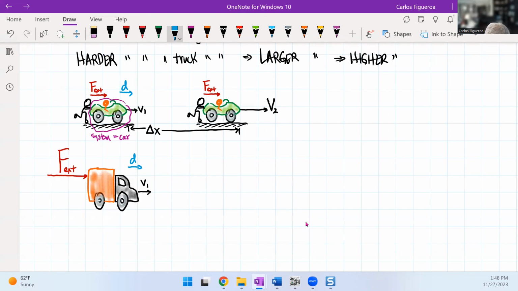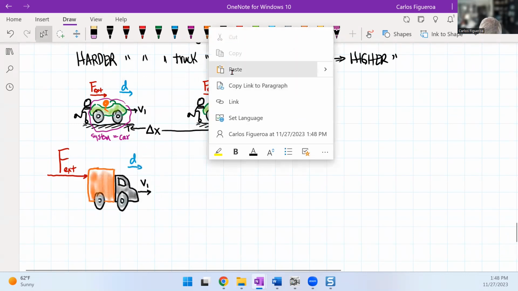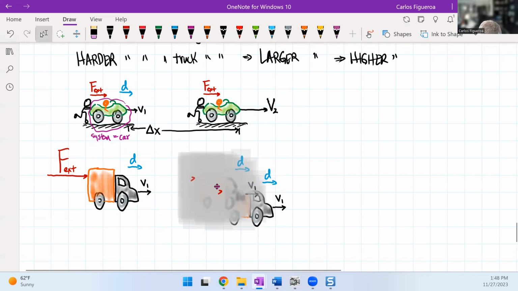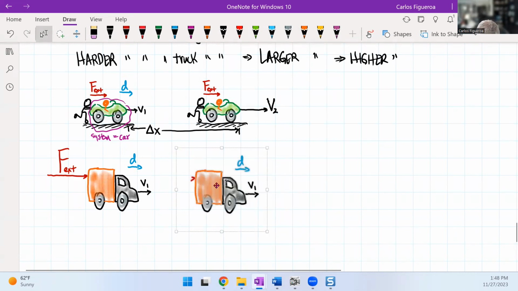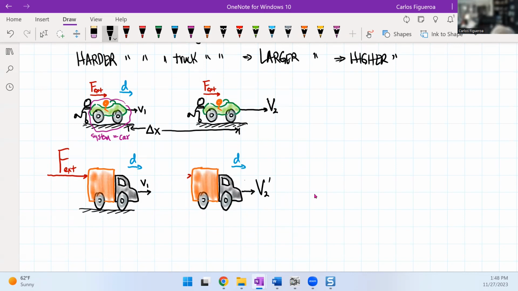So if I have this scenario here, you could imagine that if I take my truck again and I copy it, and let's say that we have now pushed this truck so that it now has the same speed as the car. And we did this over the same displacement here.